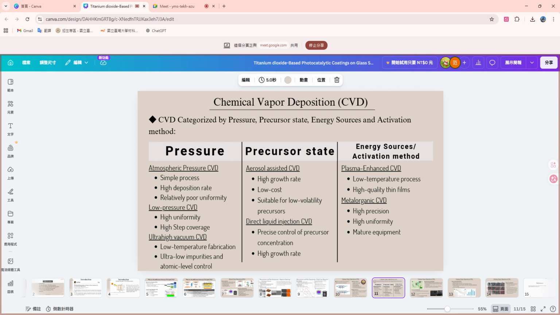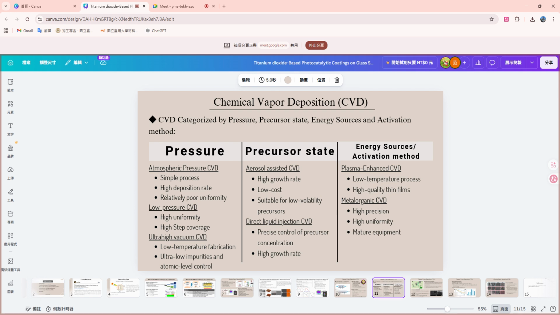Categorized by energy source or activation method. Plasma enhanced chemical vapor deposition utilizes plasma to dissociate gas molecules, allowing reactions to occur at a lower temperature, 200 to 400 degrees, and increasing the reaction rate of precursor.